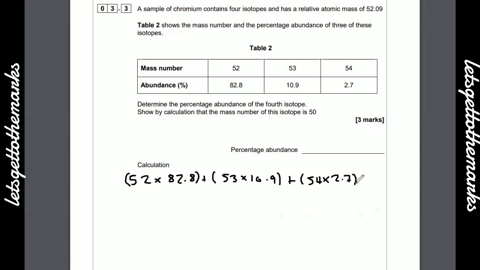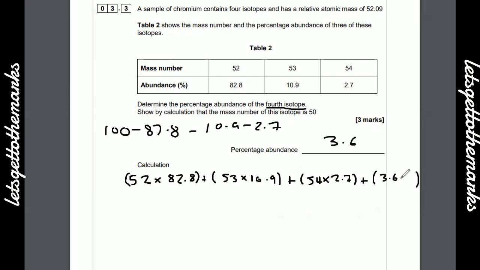And then that's all going to be over 100, and that's going to be added to, we need to find the percentage abundance first of all of our missing isotope, and that's quite simple. We know the total abundance is 100, so we're just going to minus 82.8 minus 10.9 minus 2.7, and that's going to give us 3.6. So we know our missing abundance is 3.6.